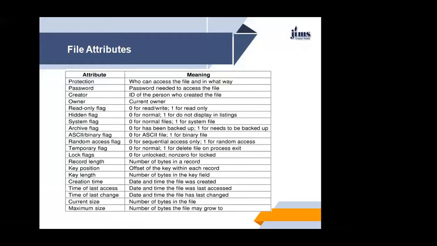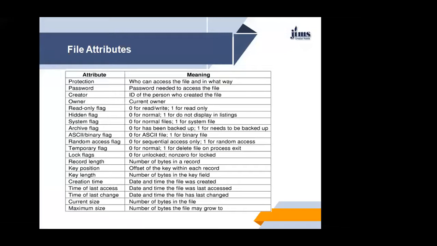Read-only flag: 0 for read/write, 1 for read only. Hidden flag: 0 for normal operation, 1 for do not display in listings. System flag: 0 for normal files, 1 for system files. Archive flag: 0 for has been backed up, 1 for needs to be backed up. ASCII/binary flag: 0 for ASCII file, 1 for binary file. Random access flag: 0 for sequential access only, and 1 for random access.